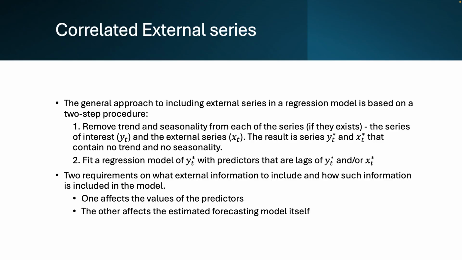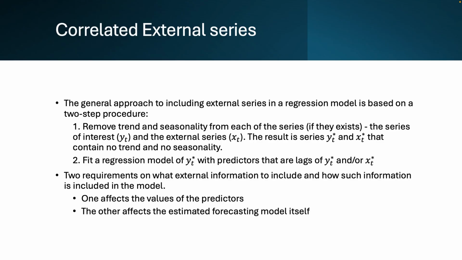So instead of fitting y* = β0 + β1 x*_t, we fit y* = b0 + b1 y*_{t-1} + b2 x*_{t-1} + error. We use the lags of the previous periods of y* and x* because what happens now often depends on what happened earlier, if we are doing the correlated external series.